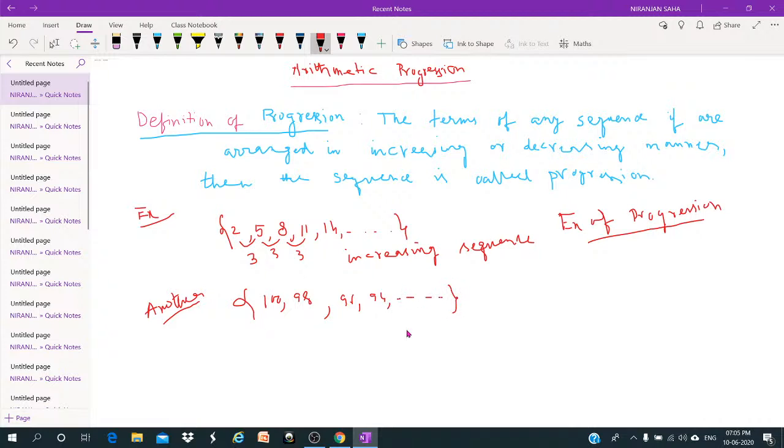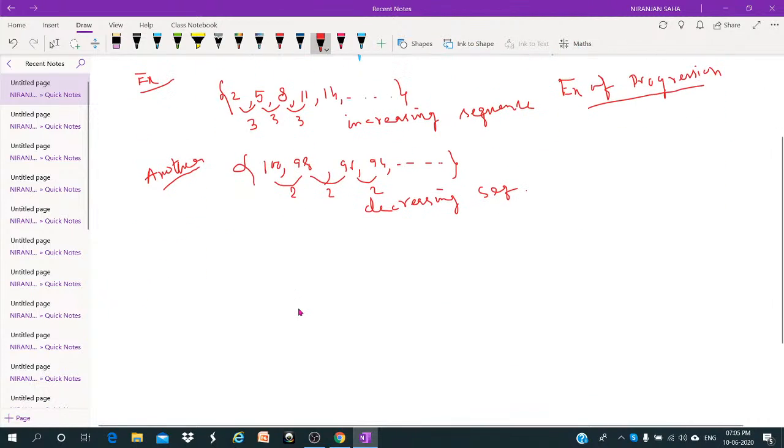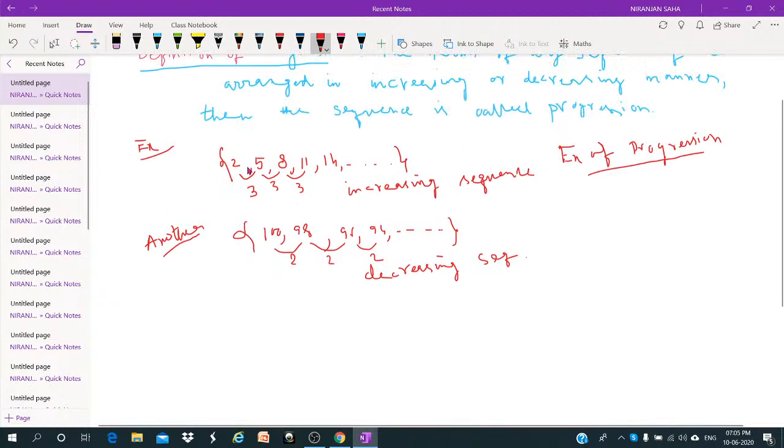Here all the terms have a difference of just 2. So this is also an example of a progression, and this is a decreasing sequence. Now, a progression can have infinite terms.